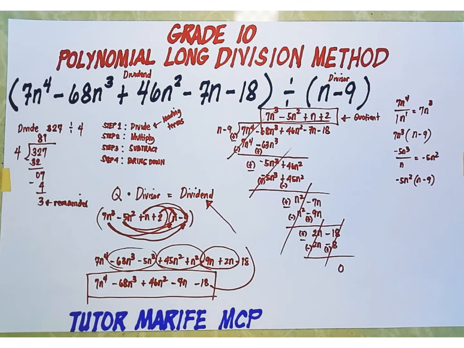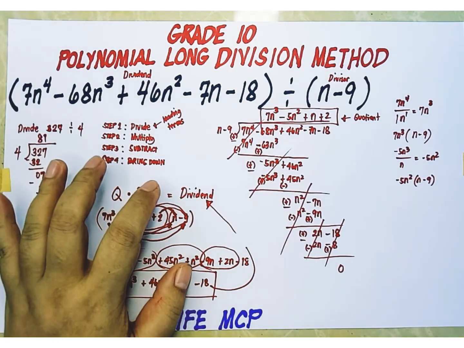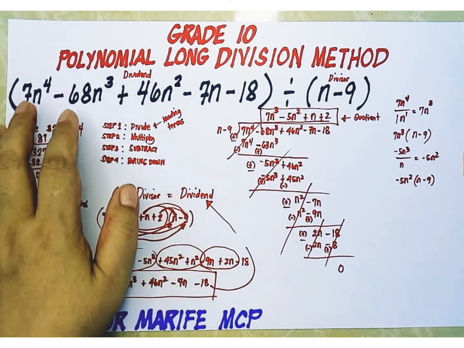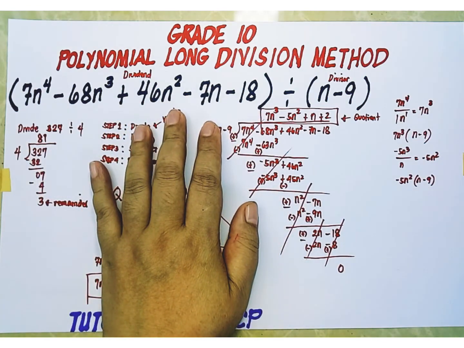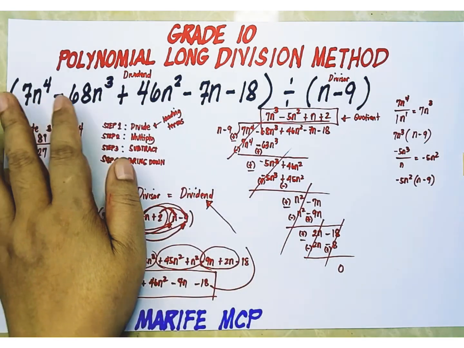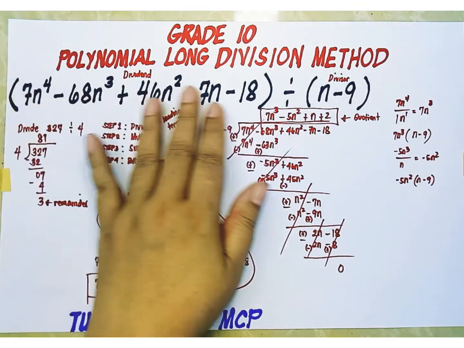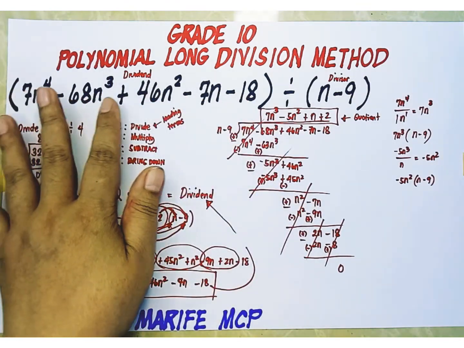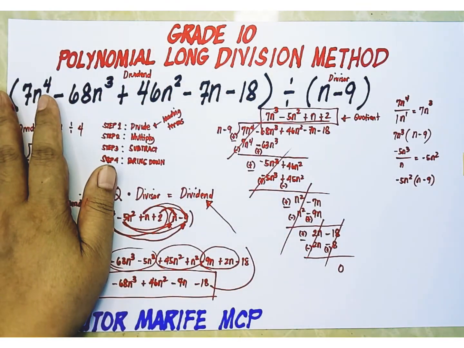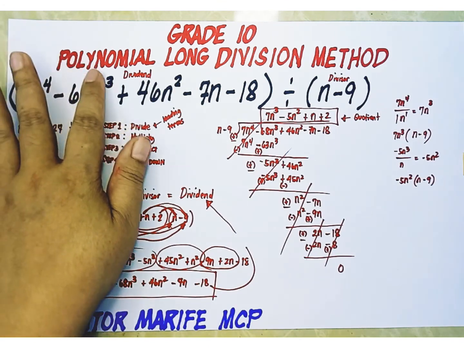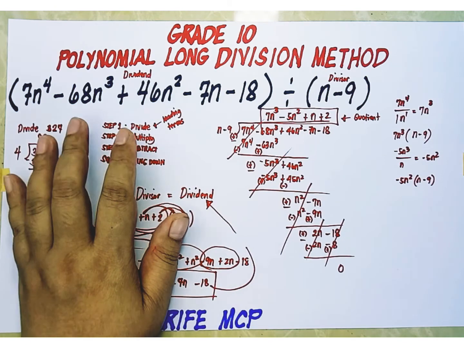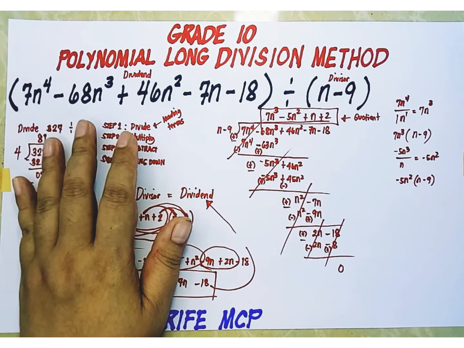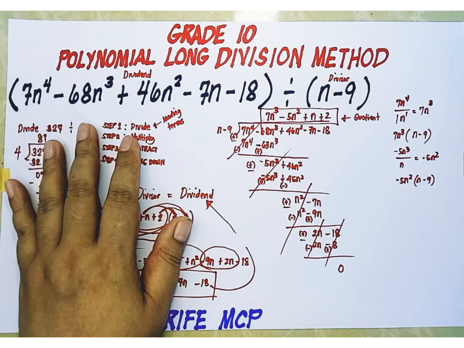Okay? So there will be cases na yung powers ng polynomials mo ay incomplete. So ito kasing sinolve natin, kompleto yung powers. Nag-start sa 4, pababa ng pababa, 3, 2, 1, 0. So there will be cases na magkakaroon ng missing powers.